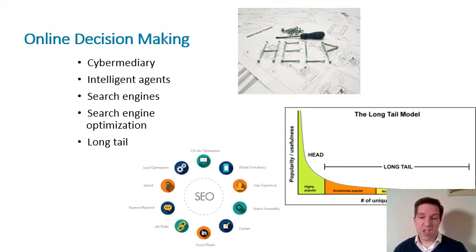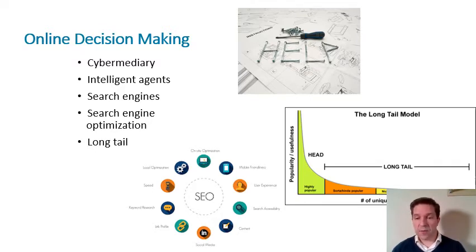First, you have cybermediaries. These are websites or apps that basically help you narrow down the choices or do the search for products or prices or both easier, right? So there are companies like Zebra, for example, that help consumers make better decisions when it comes down to finding products like insurance, right? So you go there, you type in what it is that you're looking for, car insurance, for what car you're looking for, and what are some of your basic demographic patterns.